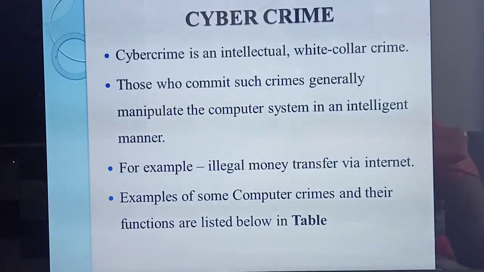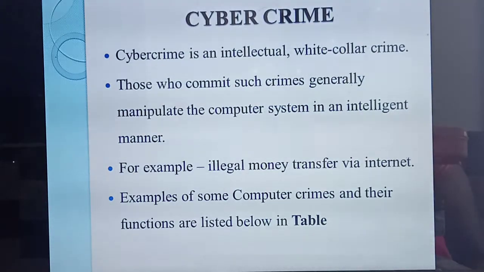So the first one is cybercrime. Cybercrime we can call a white collar crime. What's the other name of cybercrime? White collar crime. Which person do we call a white collar criminal or cybercriminal? The person is using his brain in a most intelligent manner.